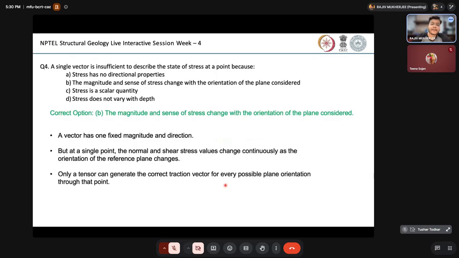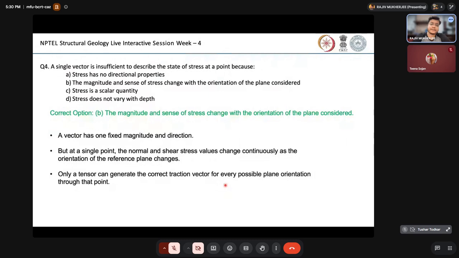Right? Now there is a catch, and the catch is this question is fundamentally flawed because we are not mentioning whether the stress at a point is in equilibrium or not.